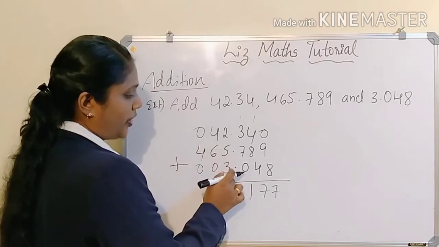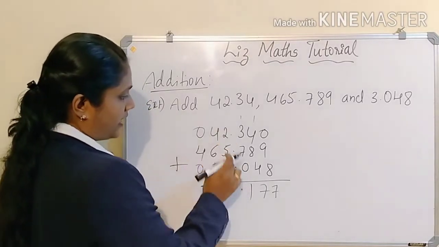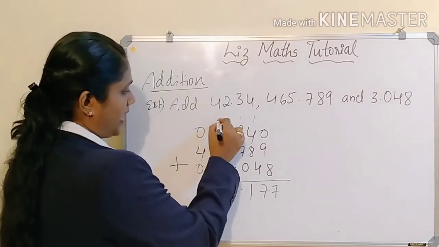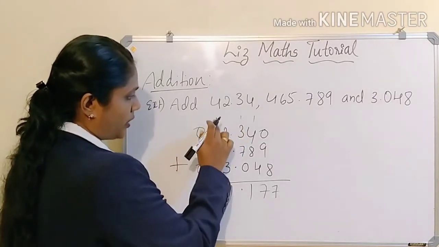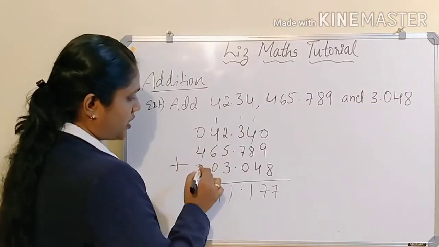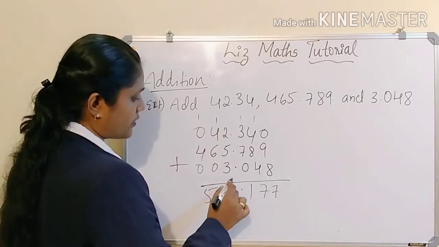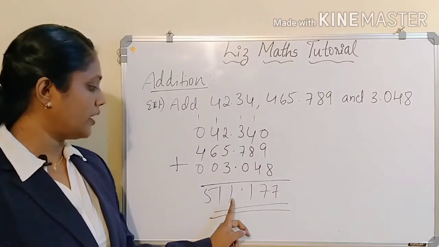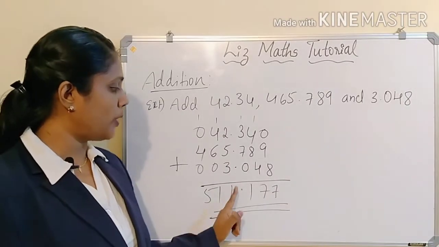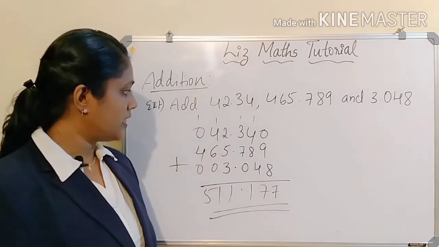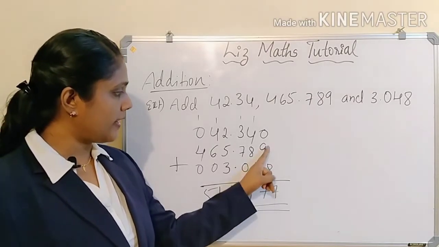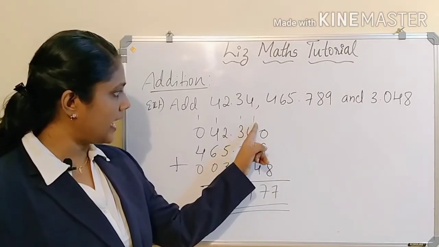Next 5 3 8 and here 10 and 1 is in your remaining hand 11, and again 1 is remaining, 6 4 10 is 11 and 1 is in your hand, that gives you 5. So 511.177.